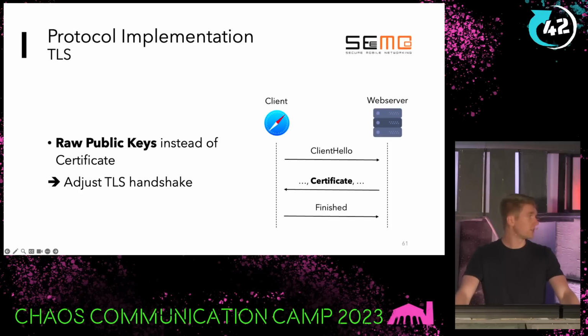Normally in the TLS handshake, the client sends the client hello message to the web server, and the web server responds with several messages, including its certificate. The certificate contains a key, and the raw public key is only that key out of the certificate without the additional overhead information. So we need to adjust that in our TLS handshake to make it work.